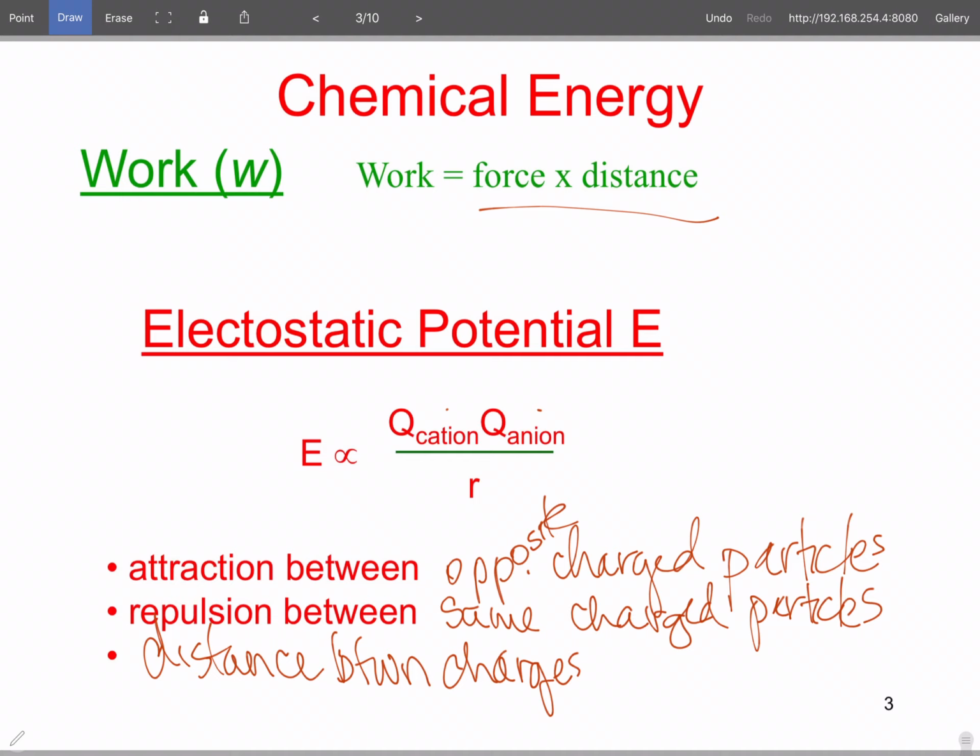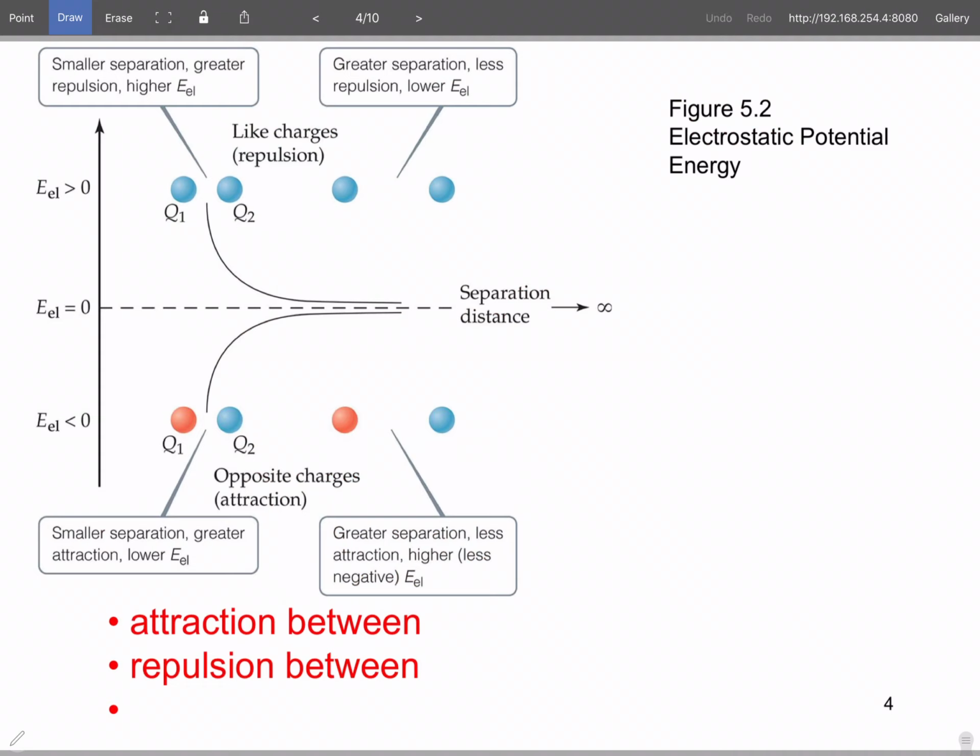Well, this is exactly what charges do, because charges are really nothing more than magnets. So if we need to visualize this, we have the attraction again between opposite charges, repulsion between the same charges, and then distance between.